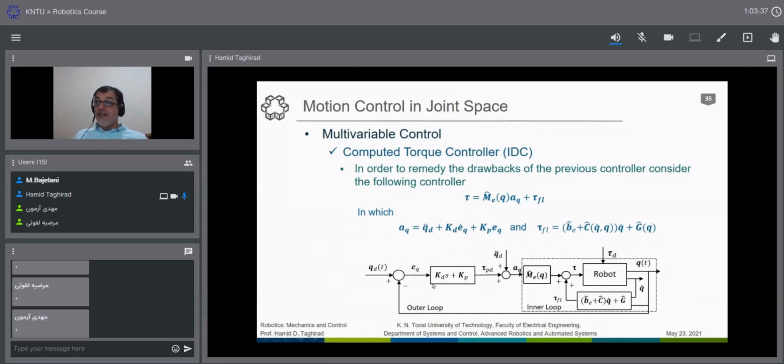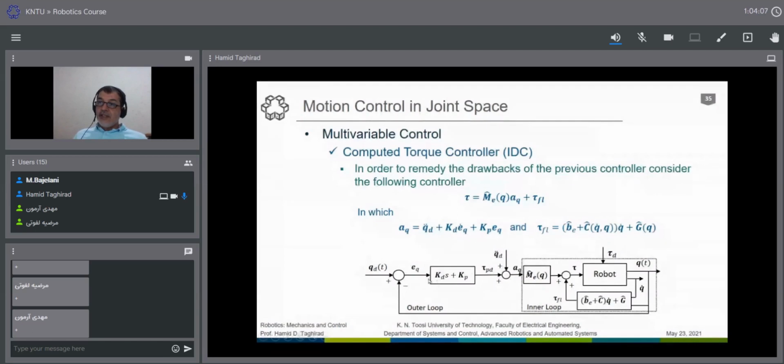So we have the linear part in here, and we add another term we call AQ. This is like an acceleration term, or a torque term, that is defined as you see here: Q double dot D plus KP, KD times E, E dot.